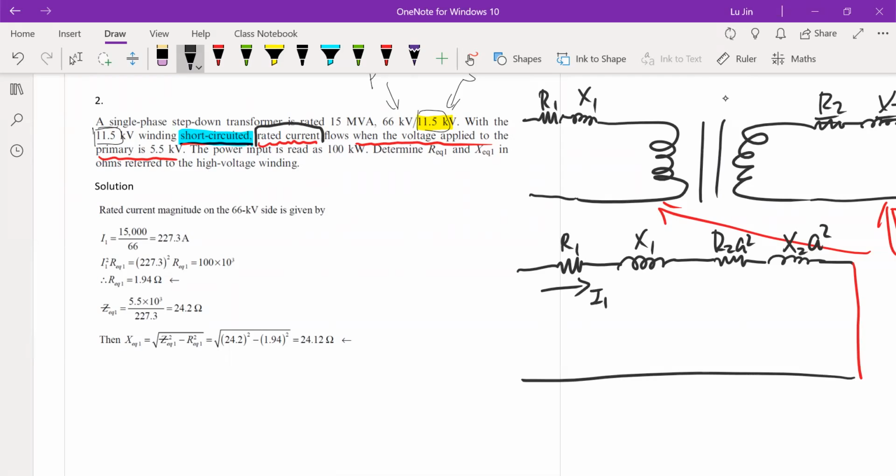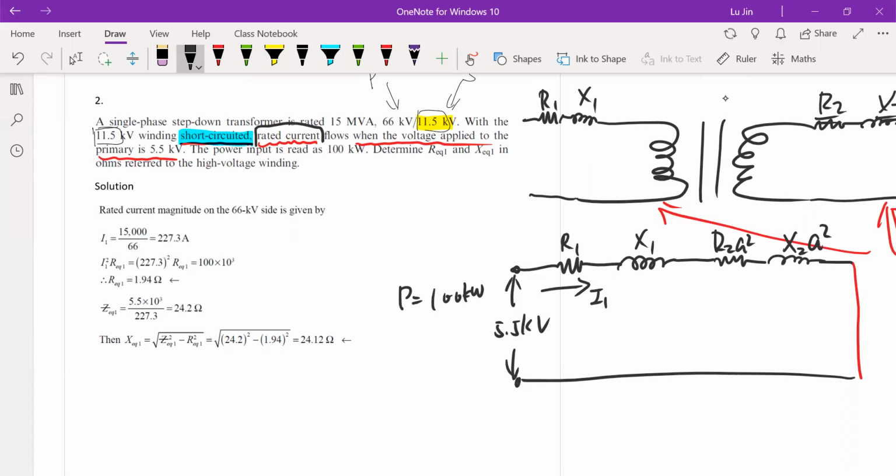We are going to calculate I1 very soon, okay? And the voltage applied to the primary side is 5.5 kilovolts. So regarding these two terminals, we are giving a 5.5 kilovolts input voltage. This is all the conditions we have. In this situation, the power input is 100 kilowatts. Real power, of course. P equals this one.